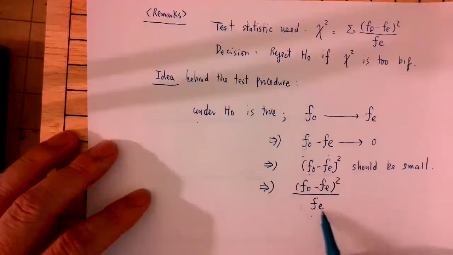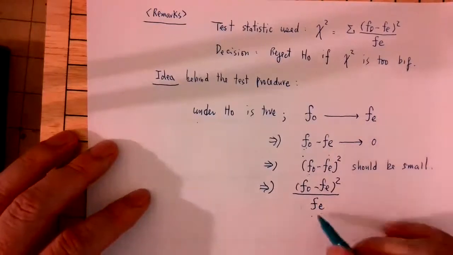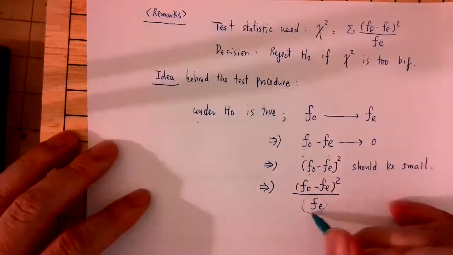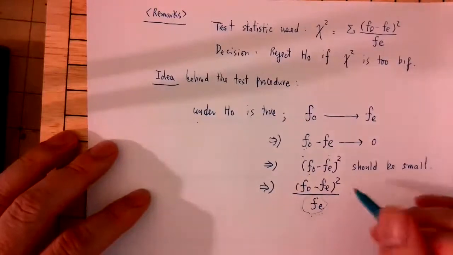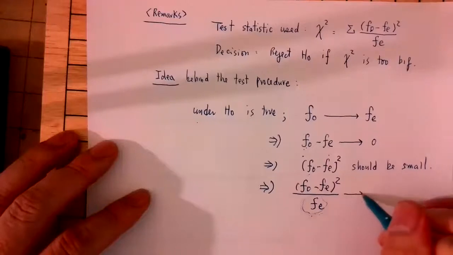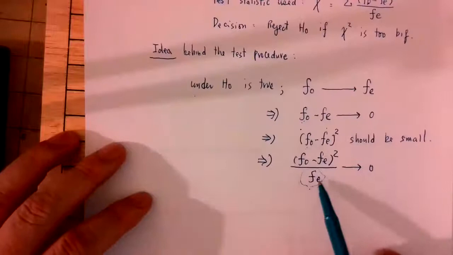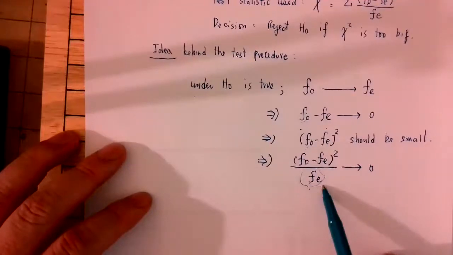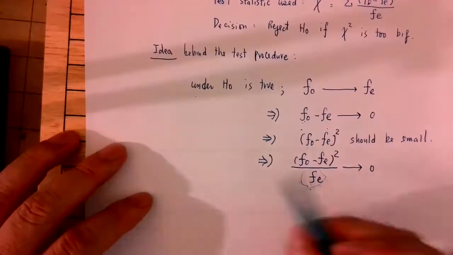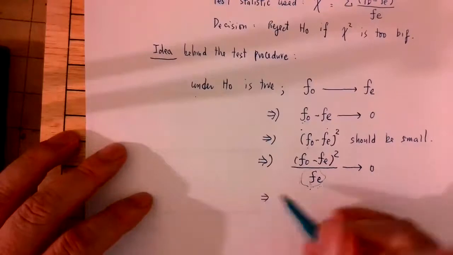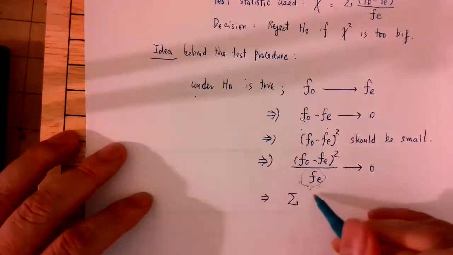Can you see that? For this part, we're going to cover some related concepts later. And this should be close to 0, because a small number divided by a positive integer should be even smaller. So, sum up a whole bunch of small numbers.